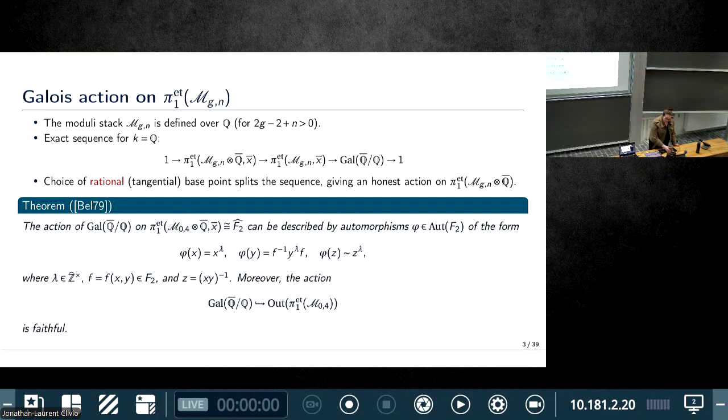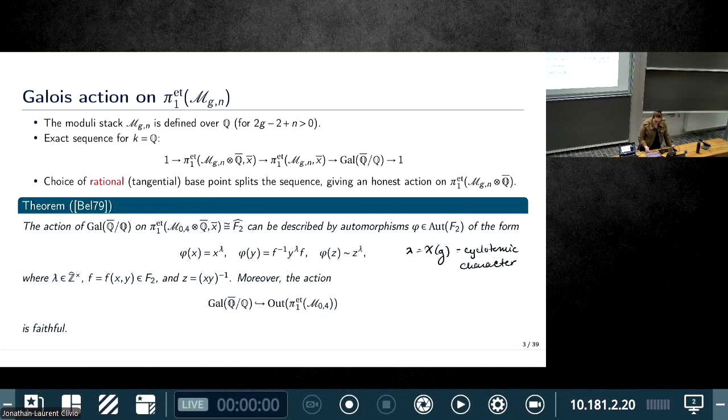And this Galois action always induces an automorphism of the following form. x goes to x to the lambda, where lambda is the cyclotomic character of some element of the absolute Galois group. And then y is conjugated by some word f, which we can find from our element of the absolute Galois group.